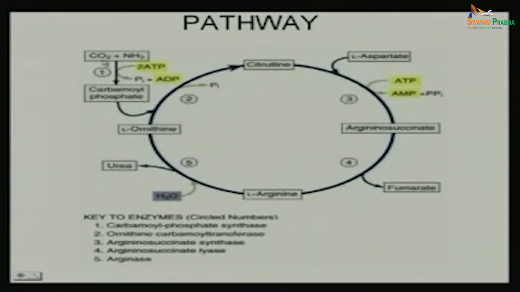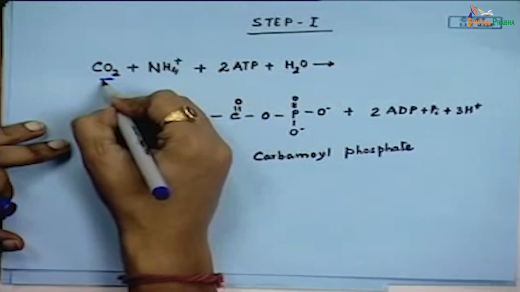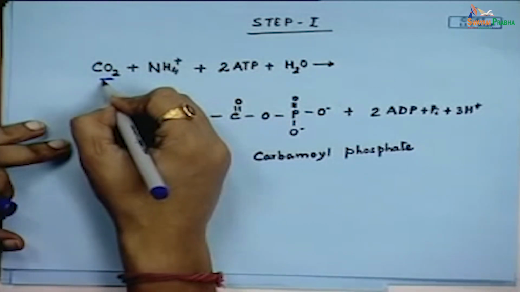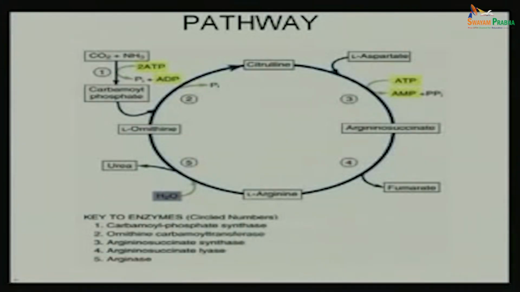See here, carbon dioxide and ammonia, in the presence of two molecules of ATP, produce ADP and Pi, and carbamyl phosphate is produced. Carbon dioxide is donating the bicarbonate, and here ammonia is there.